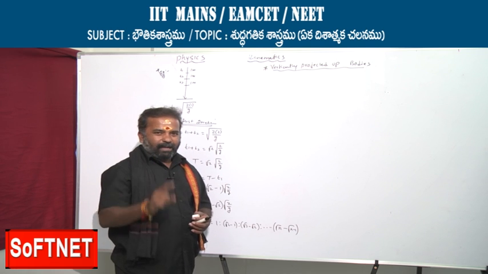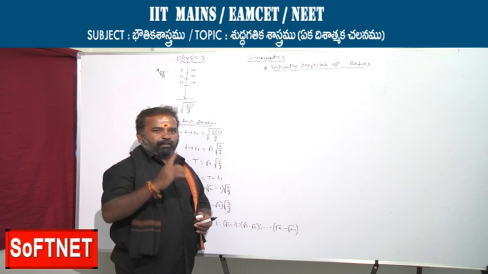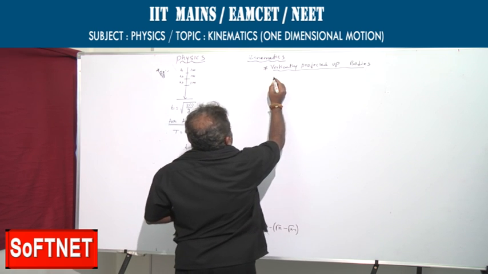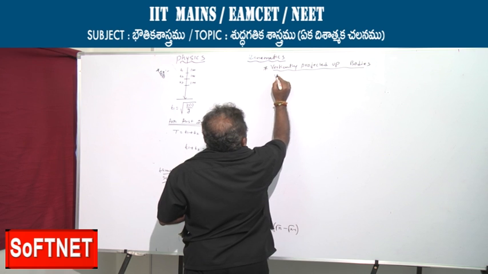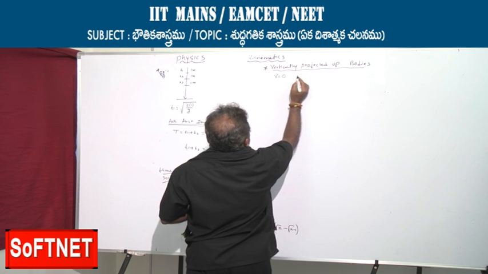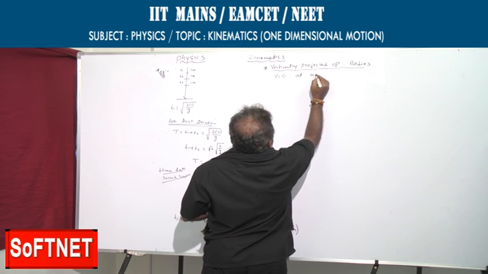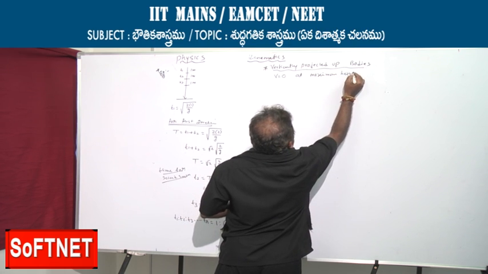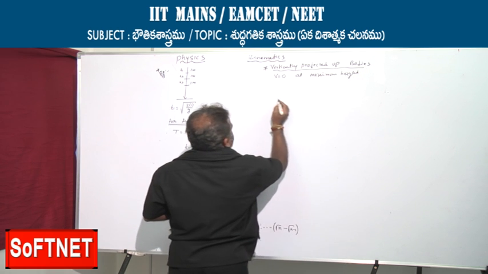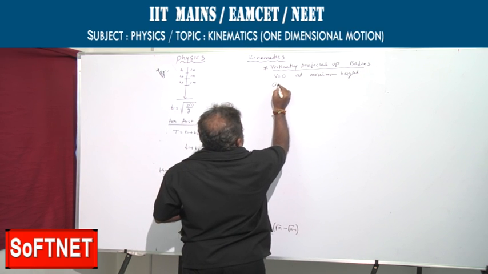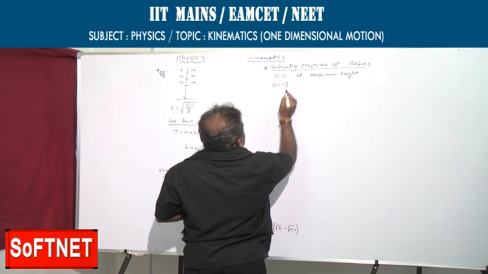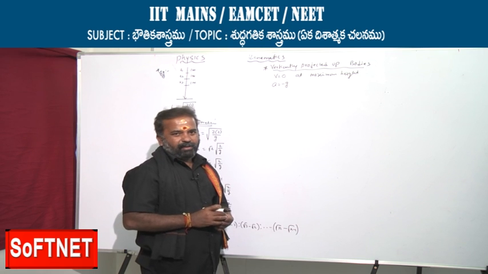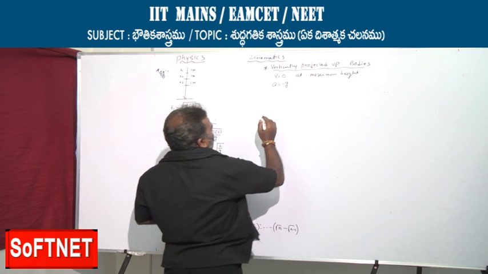Both are in one dimension only, either going straight upwards or coming straight downwards. For a vertically projected up body, final velocity will be 0 at maximum height. So acceleration will be minus g because it is decelerating going upwards against gravity. So a is equal to minus g.